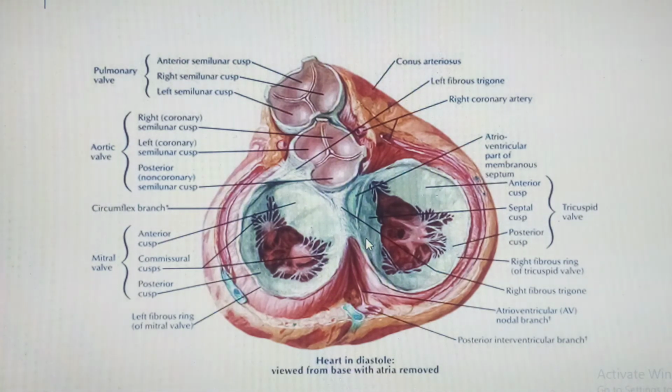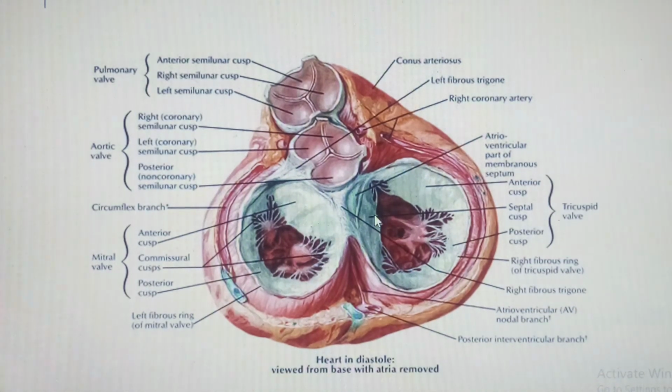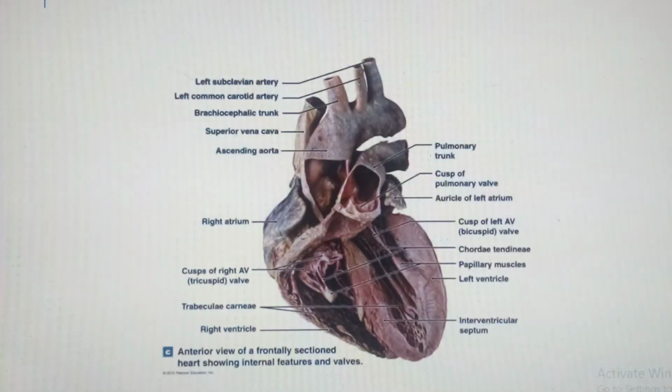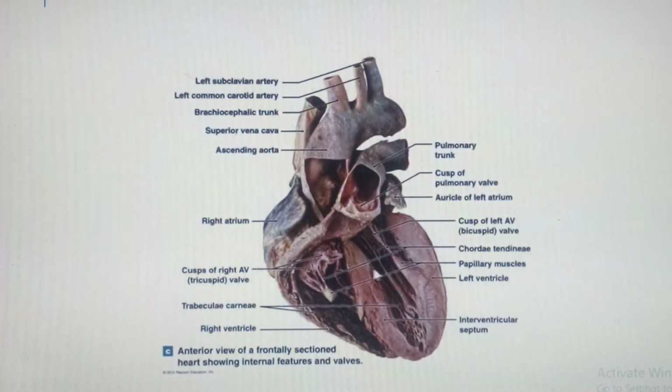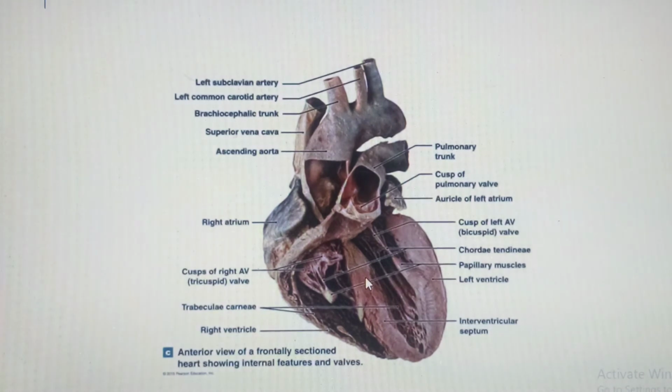Now, what happens is that there's a defect in what we call the septum. Let me show you. There's a defect in the interventricular septum, actually.